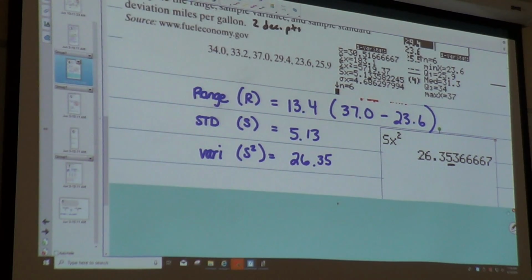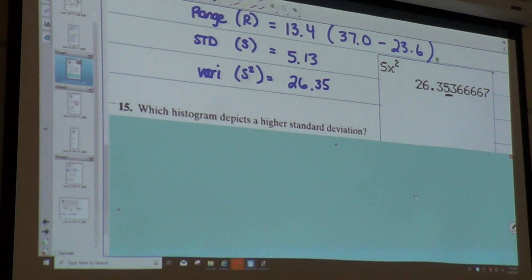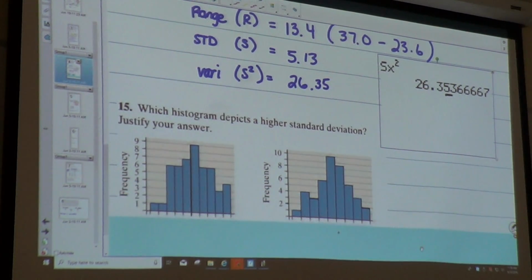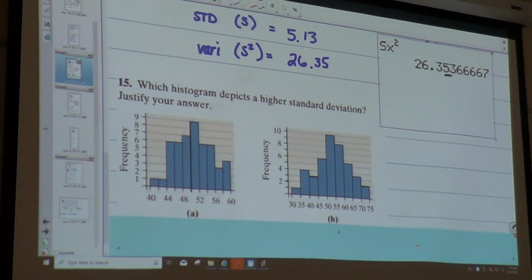Alright, now let's talk a minute about standard deviation. I want to know which one depicts a higher standard deviation. Which histogram depicts a higher standard deviation? I hear a B. Do I hear any A's?